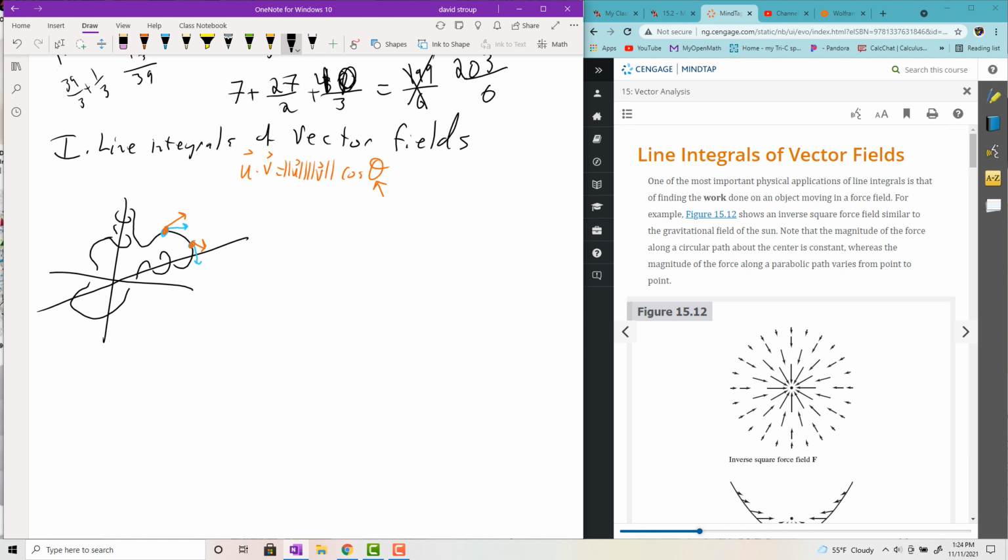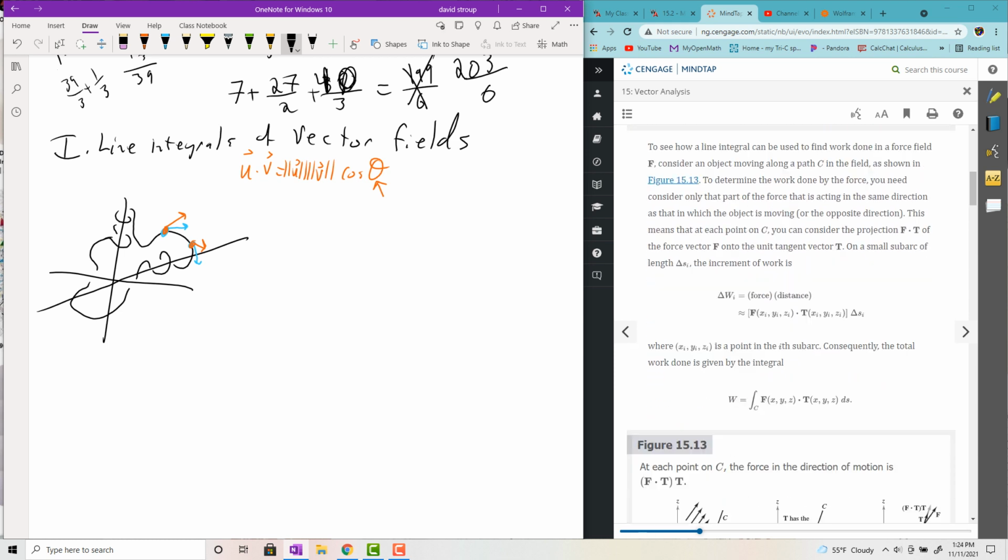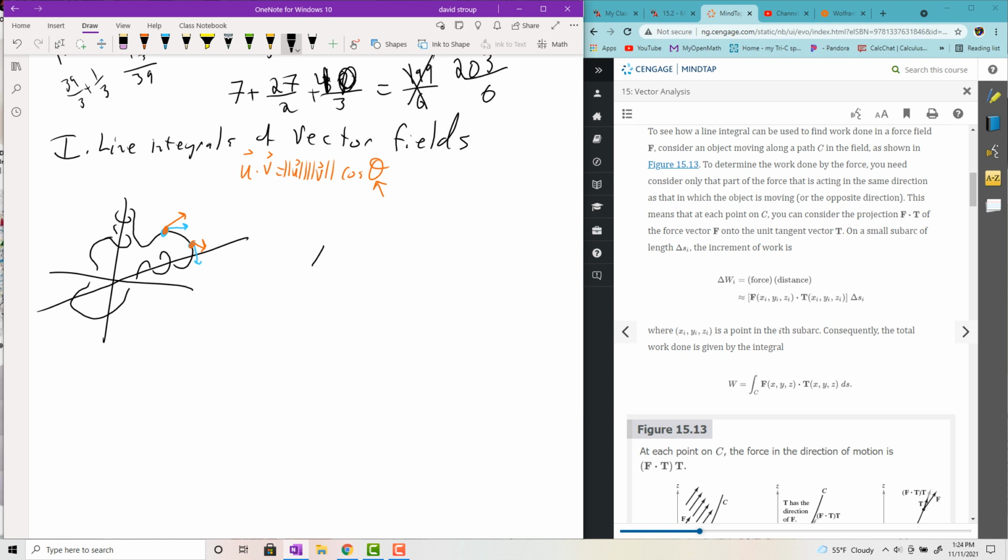So we're looking to find the work done on an object moving through a force field, and we're going to be summing up these little work increments. Remember, work is just force times distance, and for us the force is going to be the dot product between the force field vector and the tangent vector.